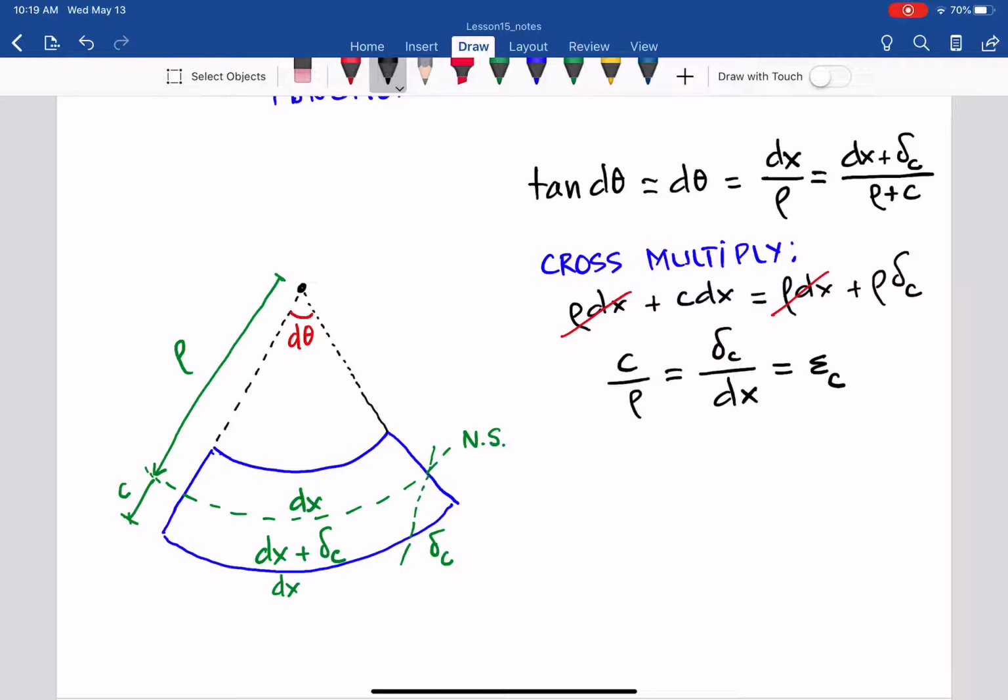And then if we assume linear elastic, what do we have? We have epsilon, the normal strain, equal to sigma, the normal stress at the outermost fiber, divided by the Young's modulus E.